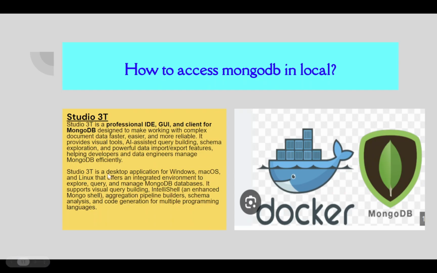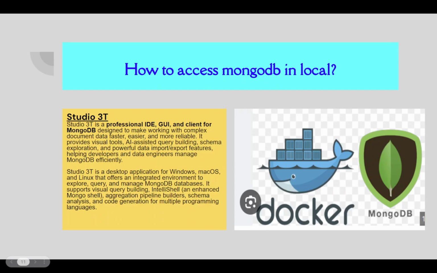And Studio 3T is a desktop application for Windows, Macintosh, and Linux that offers an integrated environment to explore, query, and manage MongoDB databases. It supports visual query building, IntelliShell, an enhanced Mongo Shell, and aggregation pipeline builders. This is my favorite part: aggregation pipeline builders, schema analysis, and code generation for multiple programming languages.